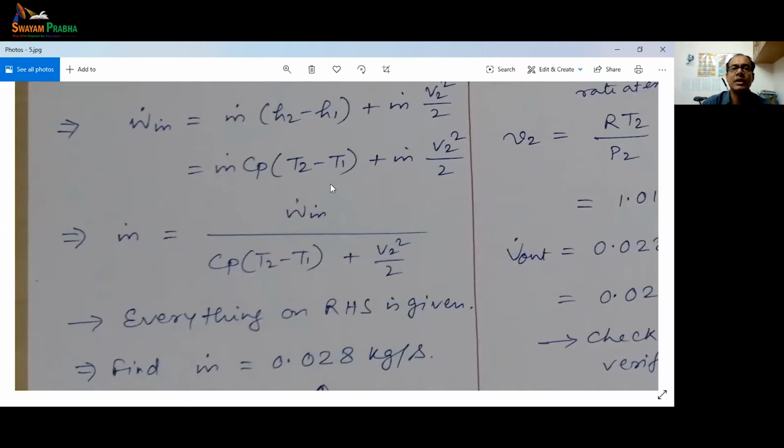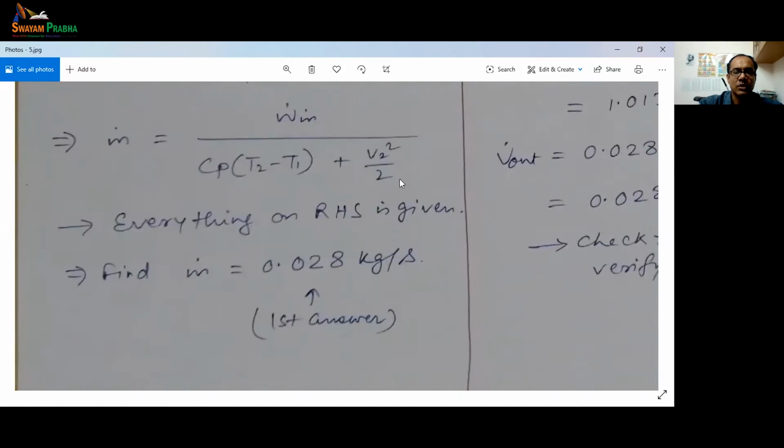Enthalpy of a gas you can write as specific heat into temperature. So from this you can solve for m dot, which will be W dot in divided by [Cp (T2 minus T1) plus V2 square by 2], right?